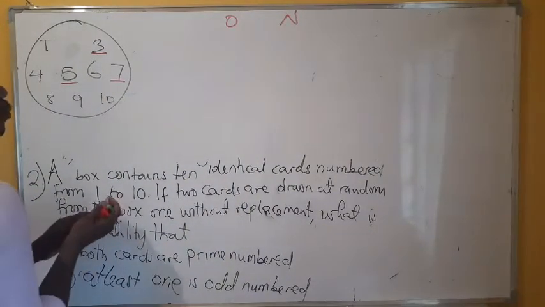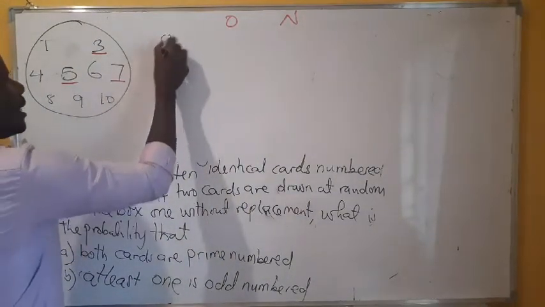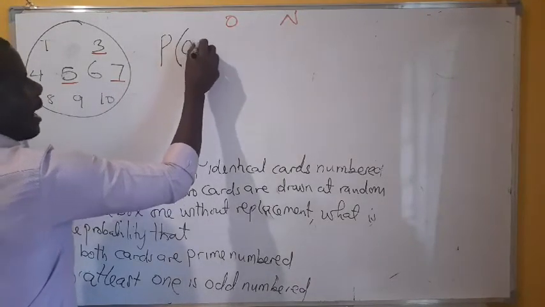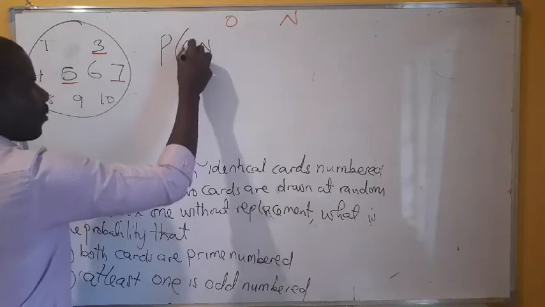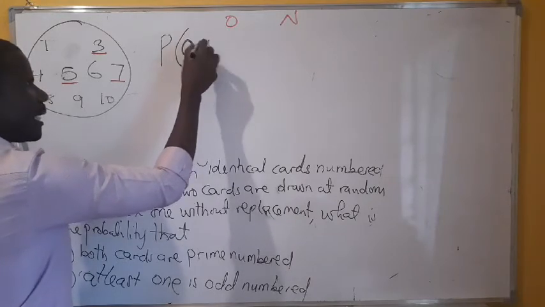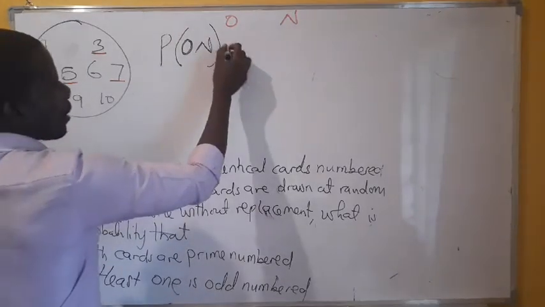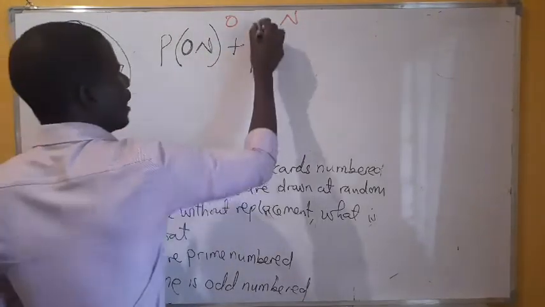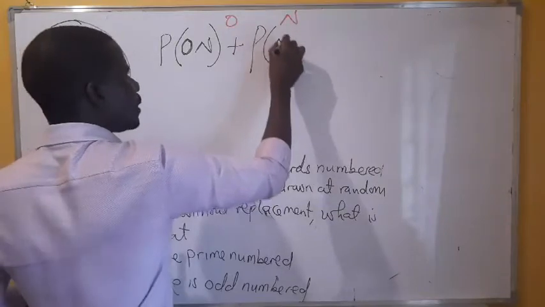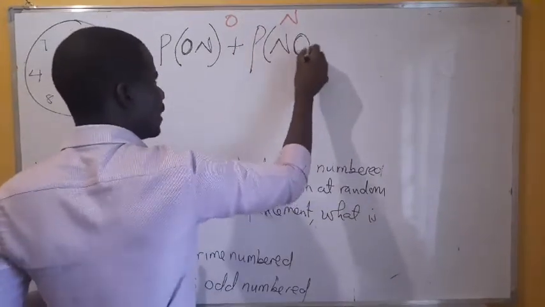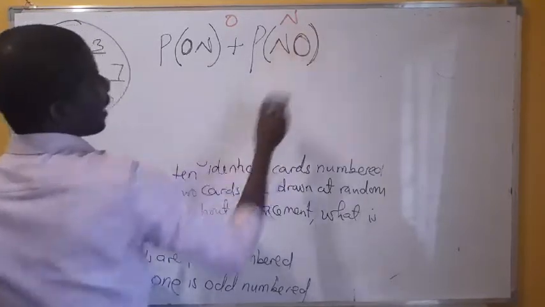We can have a situation where the first one is an odd number and the second one is not an odd number. We can also have a situation where the first one is not an odd number, then the second one is an odd number.